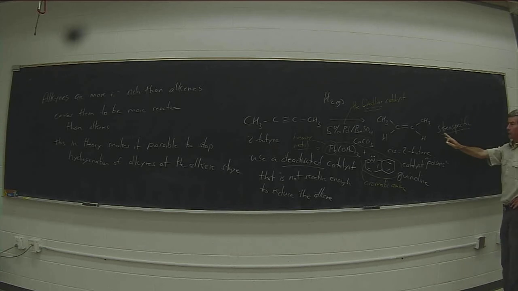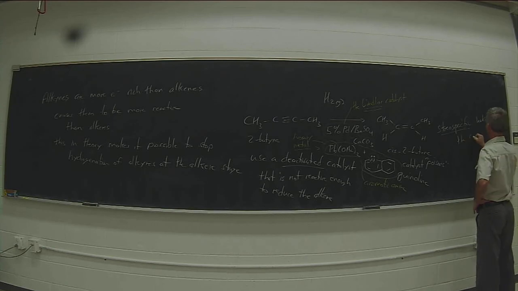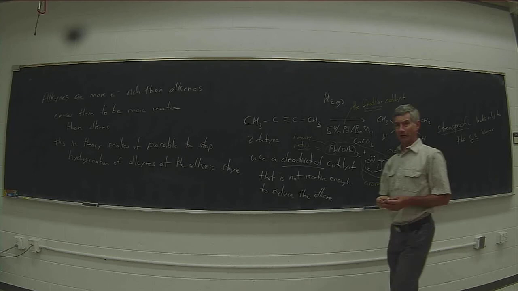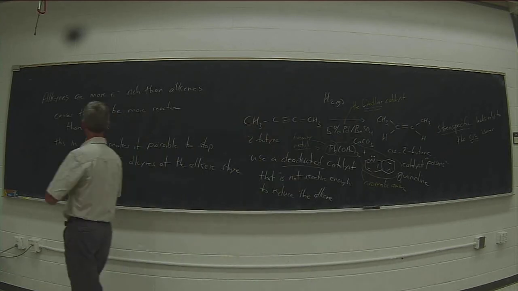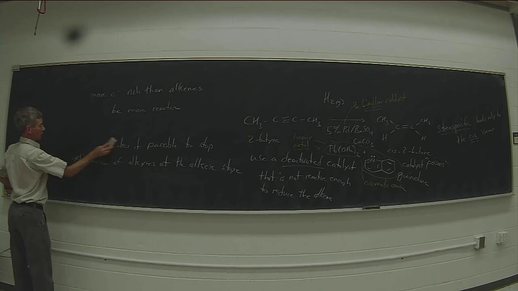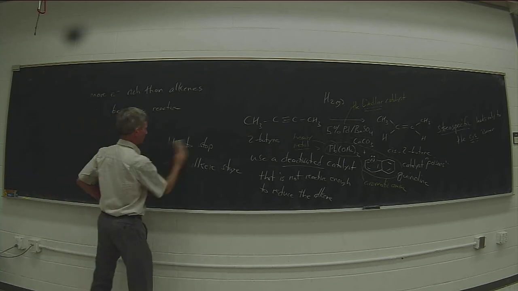And it leads to only the cis isomer of the alkene. That's actually a more general truth of catalytic hydrogenation, that catalytic hydrogenation is always a syn addition.